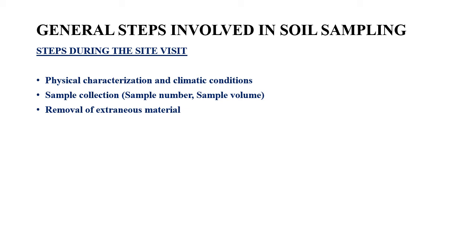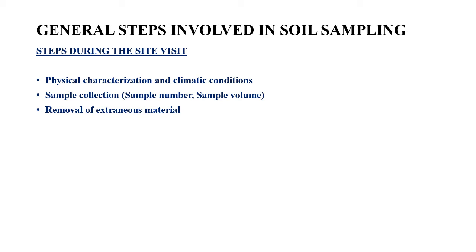Okay, so when it comes to sample numbers, it mostly depends upon the type of sampling procedure or approach that you have decided on for the contaminated land. Depending upon the type of technique or method that you are going to adopt for soil sampling, the sample numbers will vary.